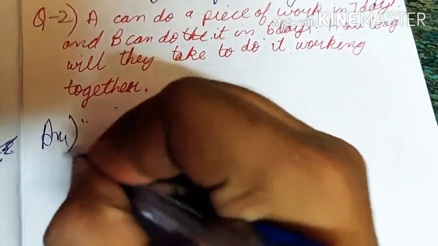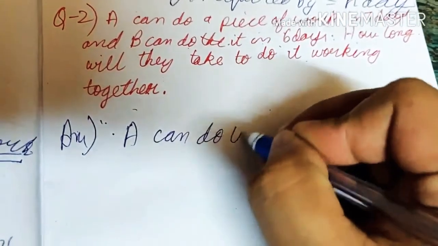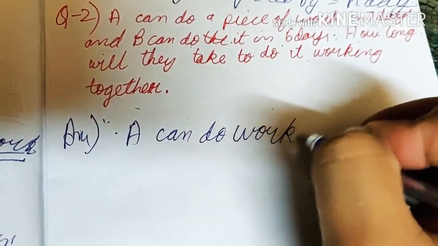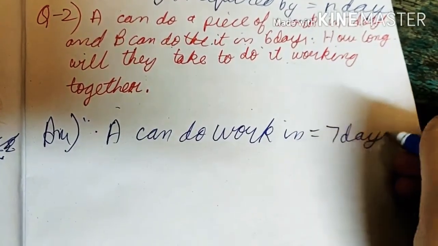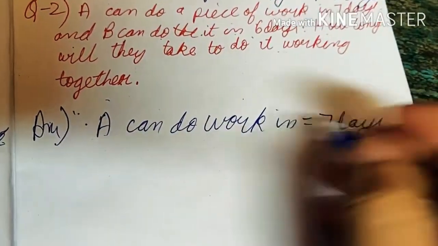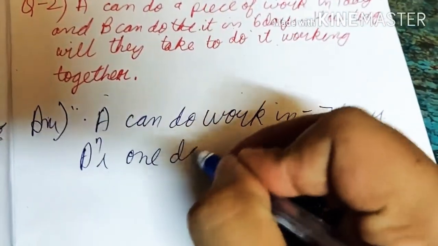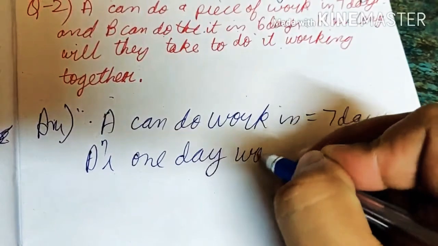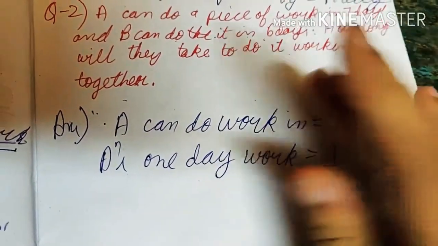Solution will be: A can do the work in 7 days. A can do a piece of work in 7 days, then A's 1 day work will be equal to 1 by 7.